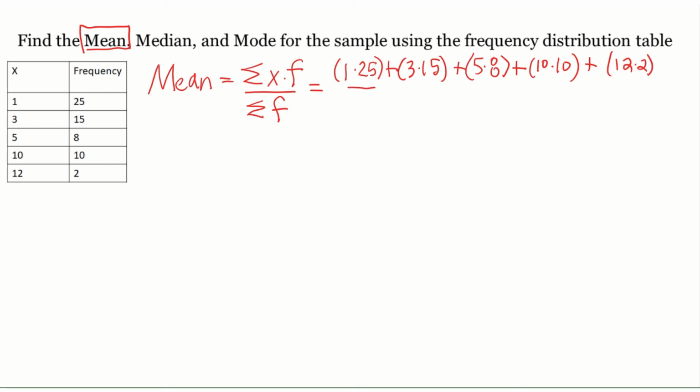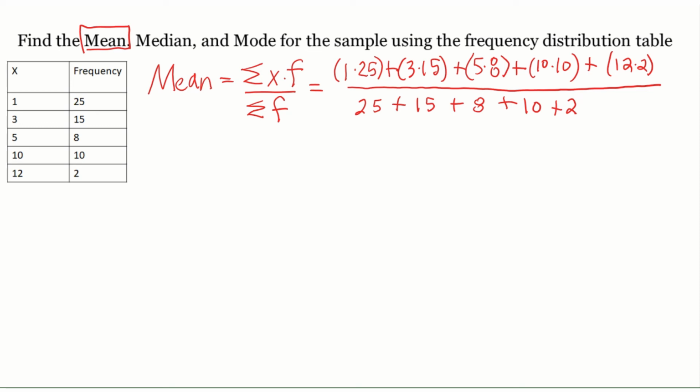That's going to give me the sum of all of the x values. Then I'm going to sum the frequencies. That's going to be 25 plus 15 plus 8 plus 10 plus 2.